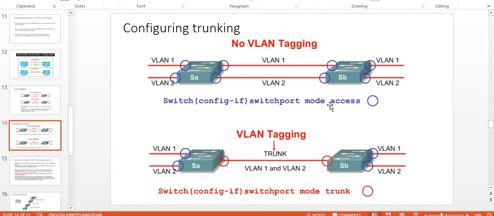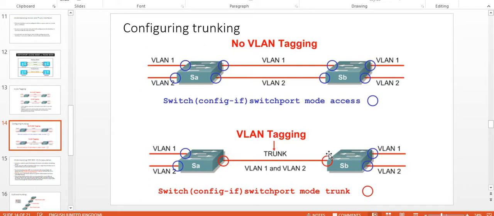Now access is for only single VLAN communication, and trunk is where you are doing inter-VLAN communication, meaning VLAN 1 with VLAN 1 only, but there are a set of 5 to 10, let's say, VLANs.